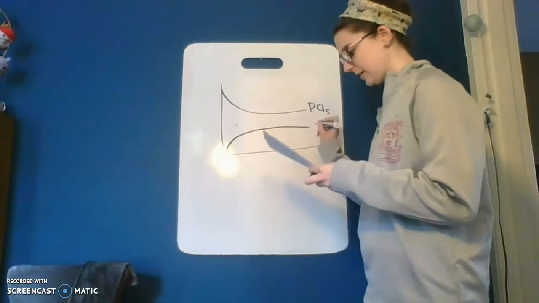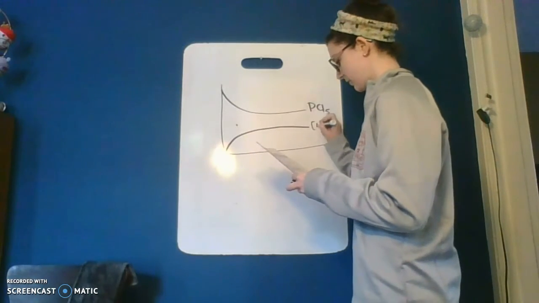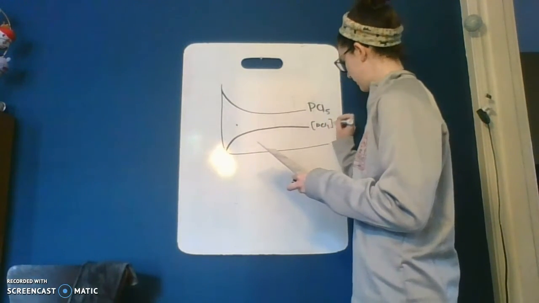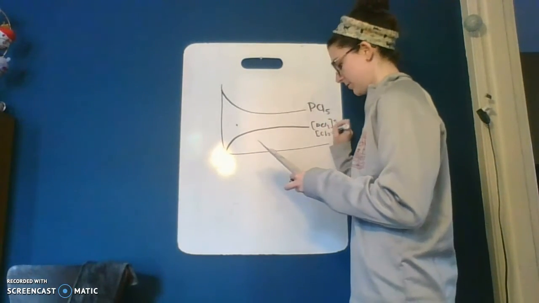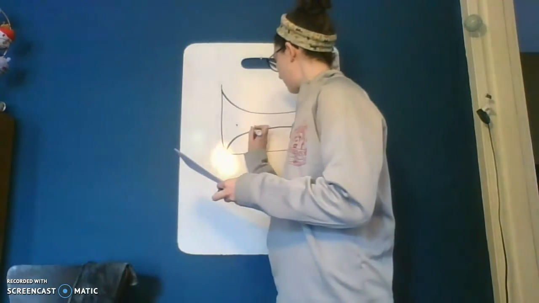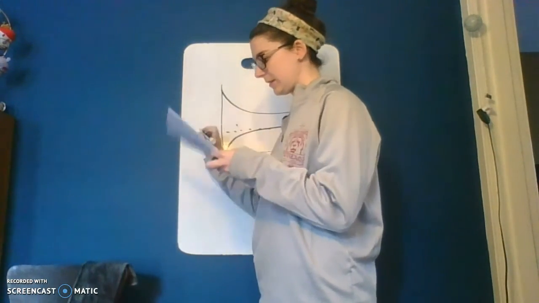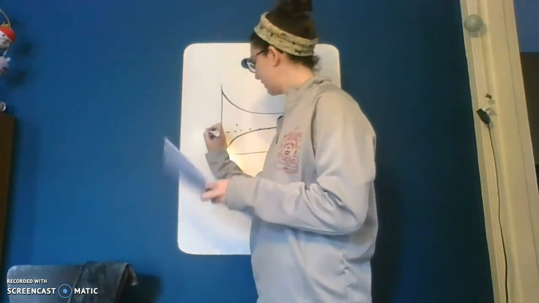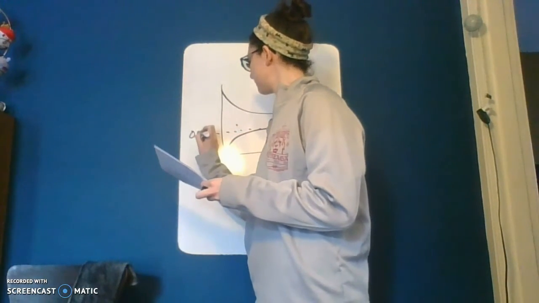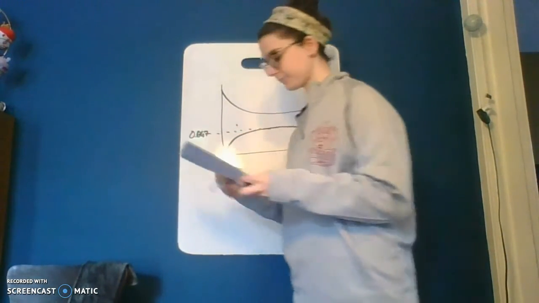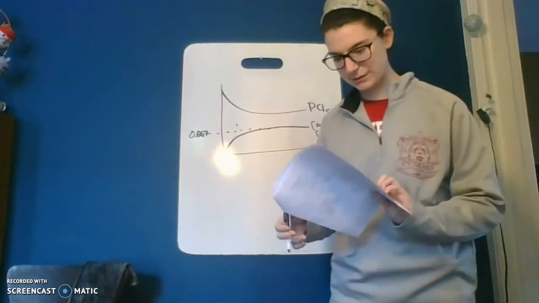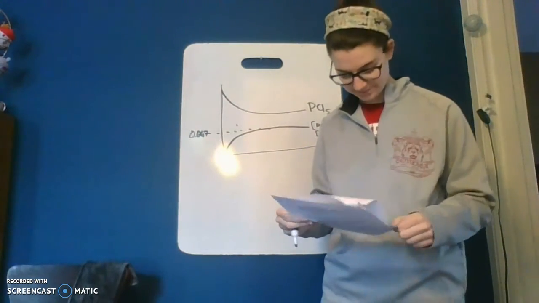So it would be something like this. Concentration of PCl3 equals concentration of Cl2. And at equilibrium, that value there should be 0.067. Okay, so that was part 6C.